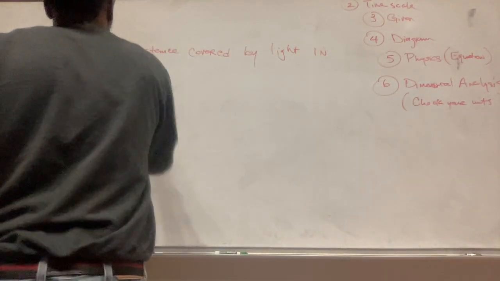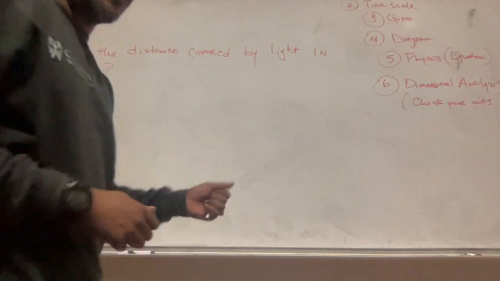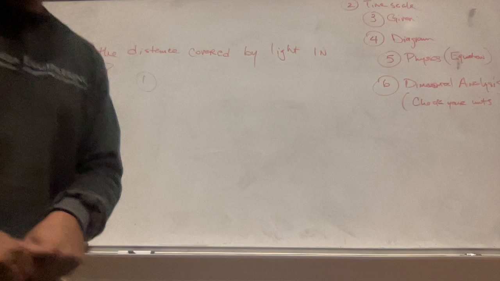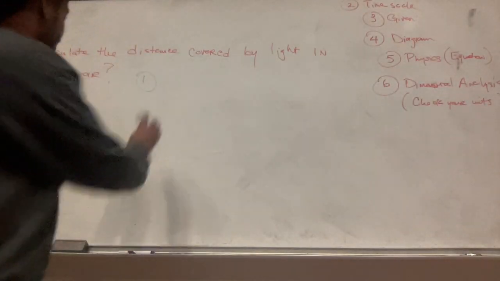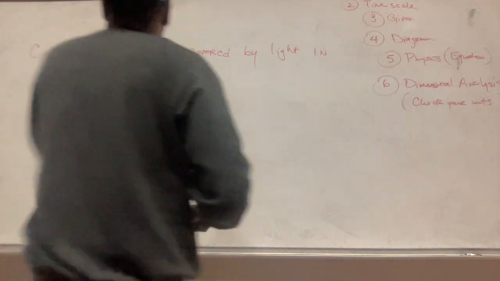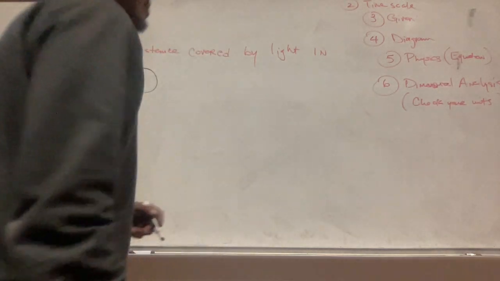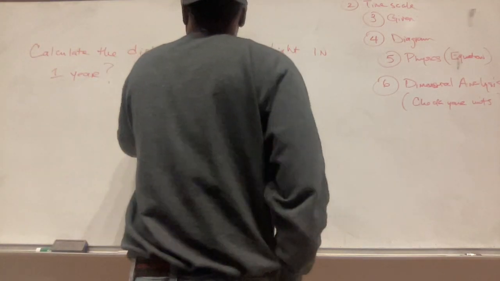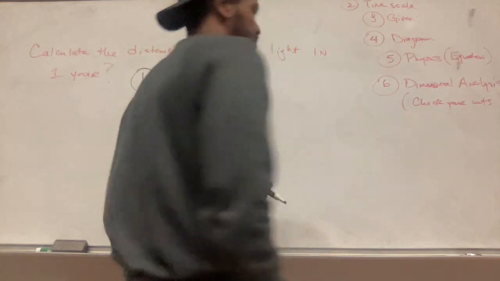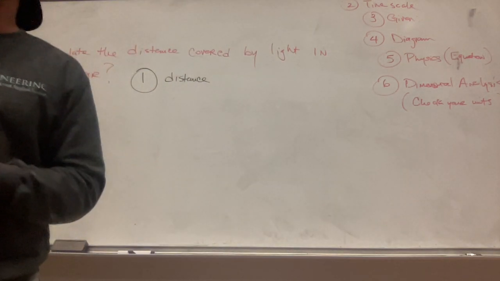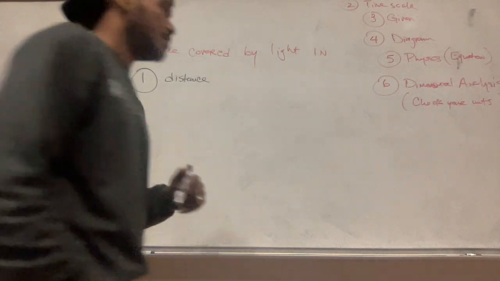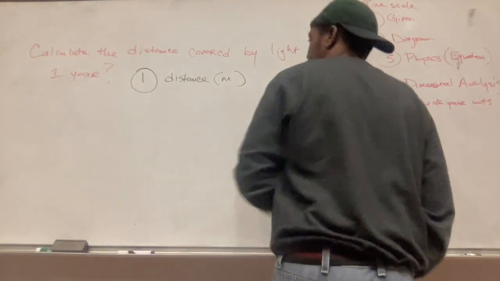So one here, still that weak green though. Try the black. Yeah. All right. So distance, he said. And what was the standard unit for distance? Start with an M. Meters. Meters is the standard unit.